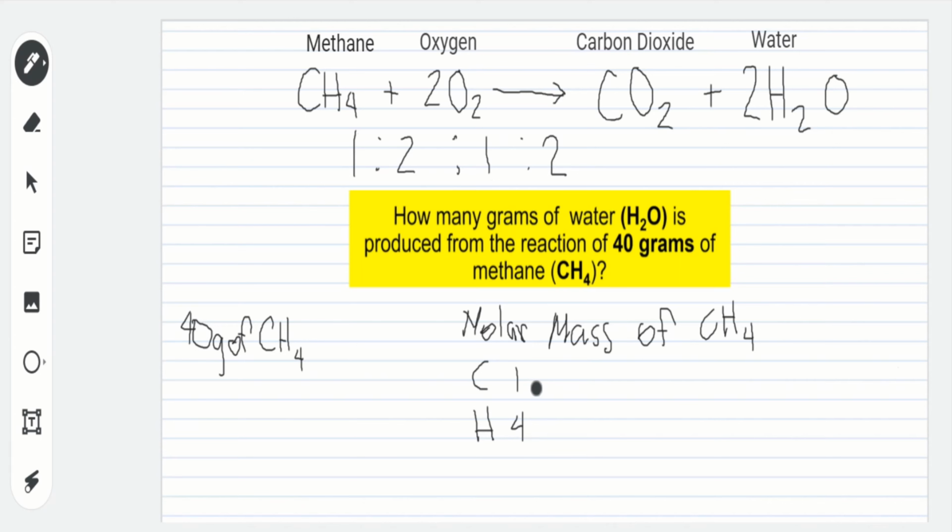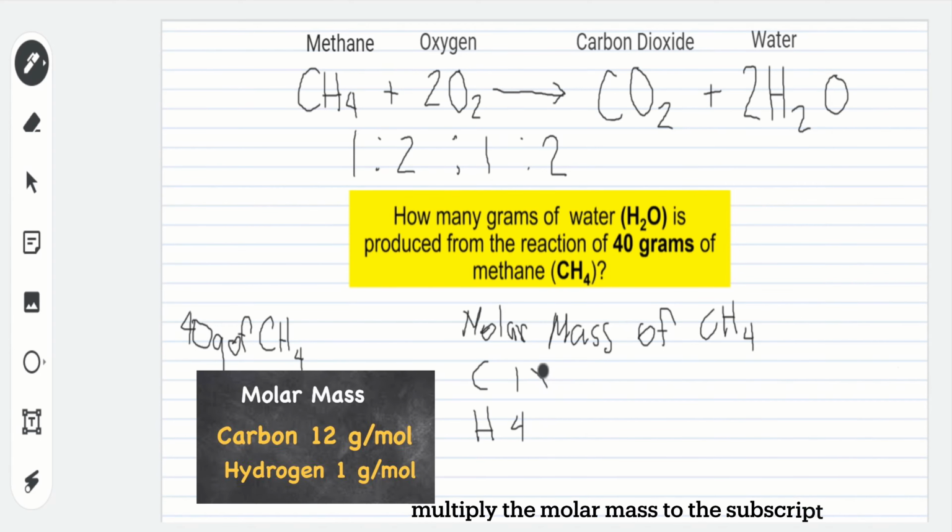And then, if you have your periodic table of element, ang molar mass ng isang carbon, rounded off, is 12 grams per mole. So definitely 1 times 12, we have 12 grams per mole.